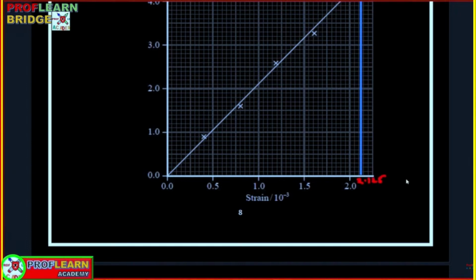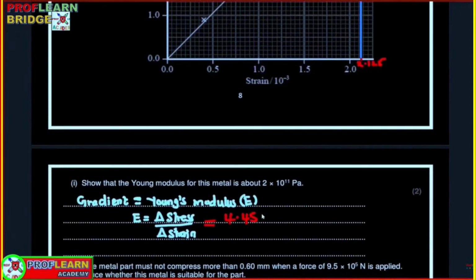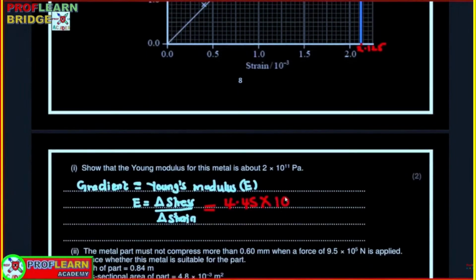The strain down here is 2.125, and don't forget there was times 10 raised power 8 there. That is an area that you have to be very careful. And then we write this value times 10 raised power negative 3 and work out your value using your calculator, which translates to 2.09 times 10 raised power 11.